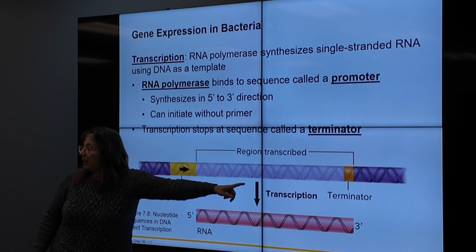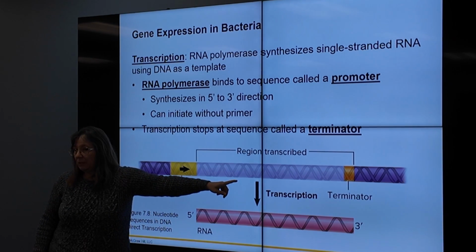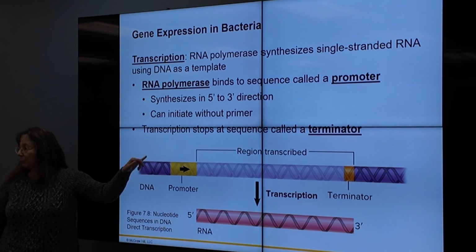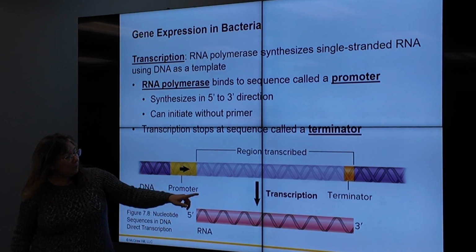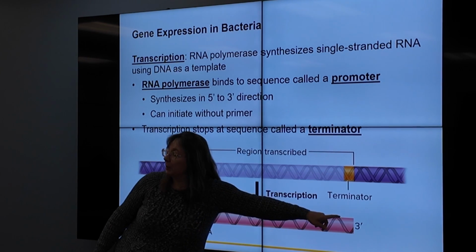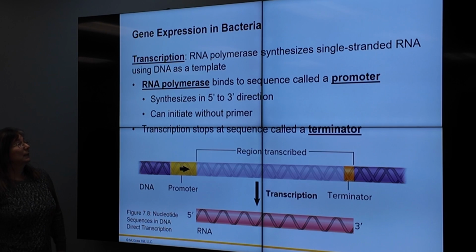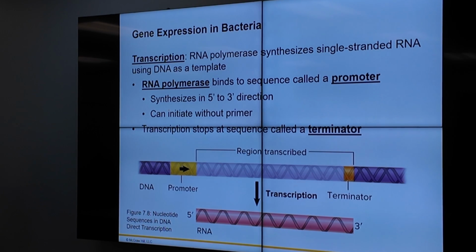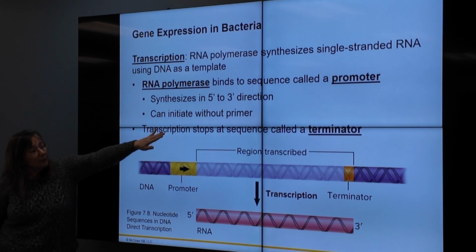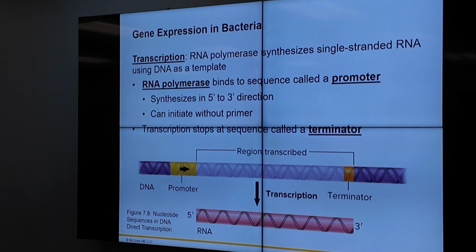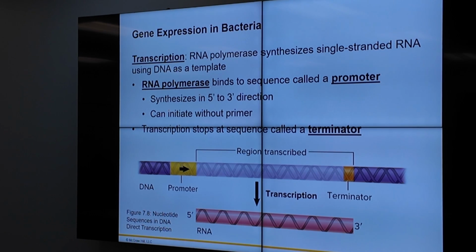It's going to make a copy of one of the two strands of DNA, and that all depends on where that promoter is. And it'll keep making that copy till it hits that Terminator sequence. It's always going to add to the 3' end, and unlike DNA polymerase, this does not need a primer, so this can just run. Questions on that? Okay, I'm going to hit your memory some more.